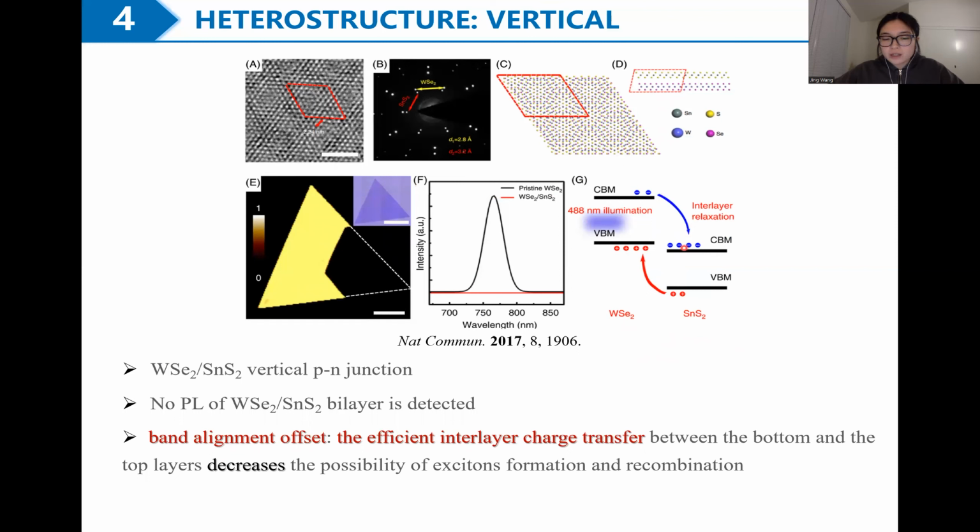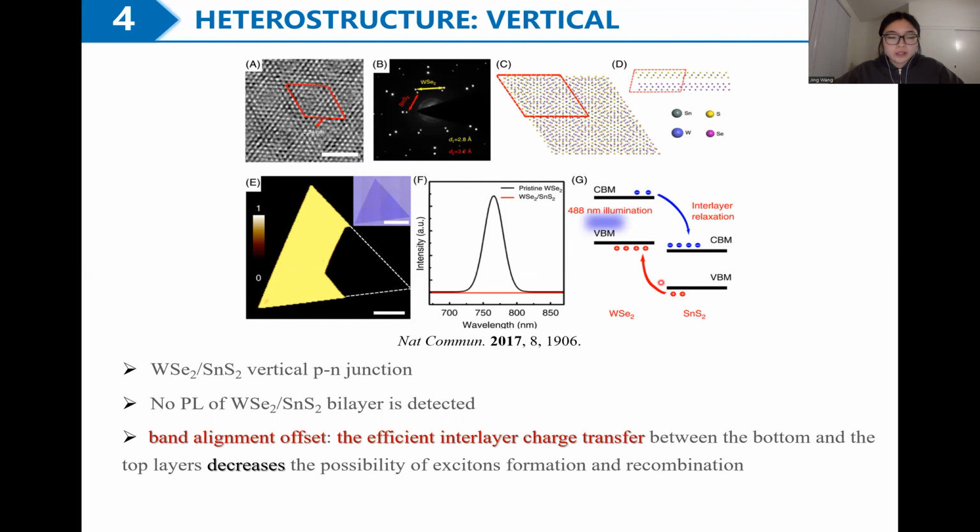Therefore, right at the connected interface, the stimulated electrons tend to transfer towards the CBM of SnS2, whereas the holes generated at SnS2 are more likely to move to WSe2. So the possibility of exciton formation and their recombination is seriously decreased.